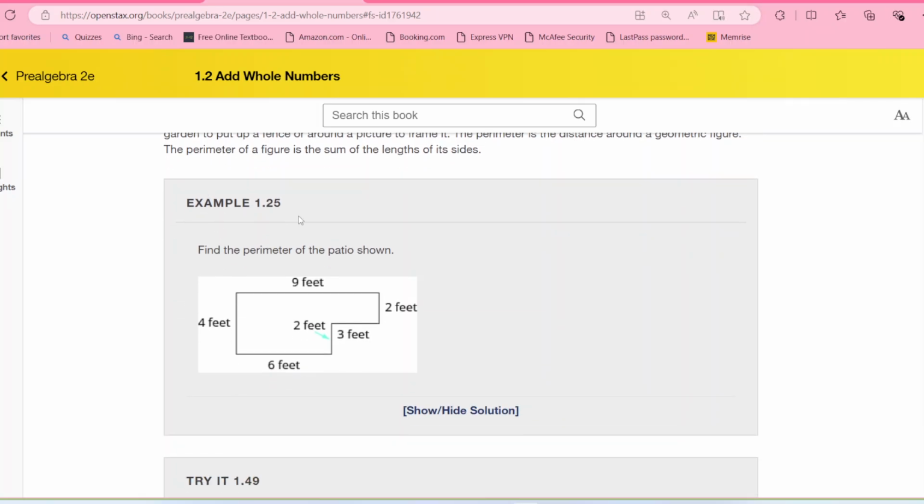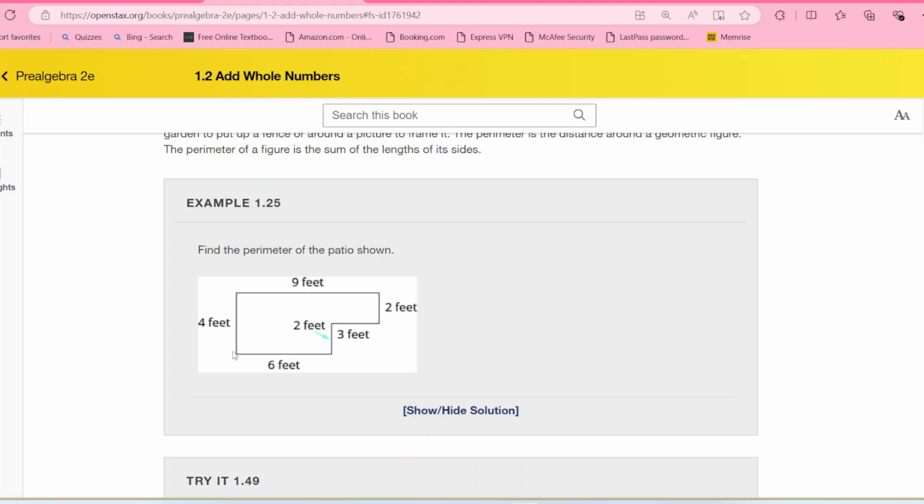So in example 1.25, we're asked to find the perimeter of the patio shown. So here is a little drawing of a patio that has this geometric shape, this polygon shape. And they point out the lengths of all the sides in feet.